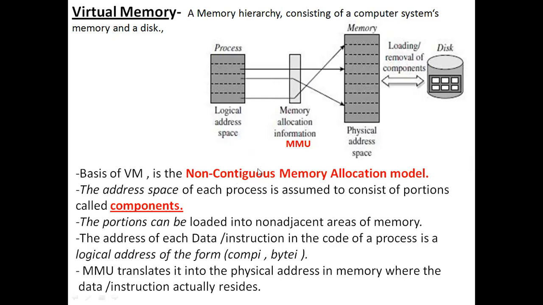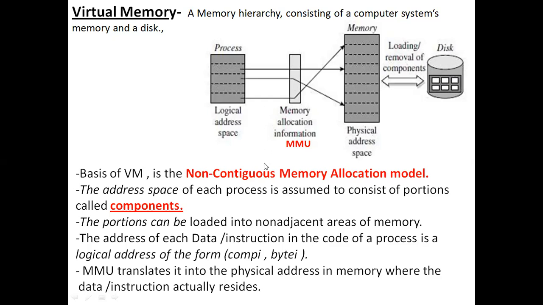Suppose the kernel or the OS is searching for some data and it is not presently in the memory. In that case, the OS will pick up that data or information from the hard disk and load it into the main memory for execution.